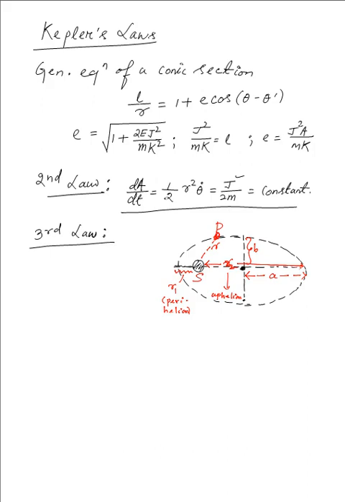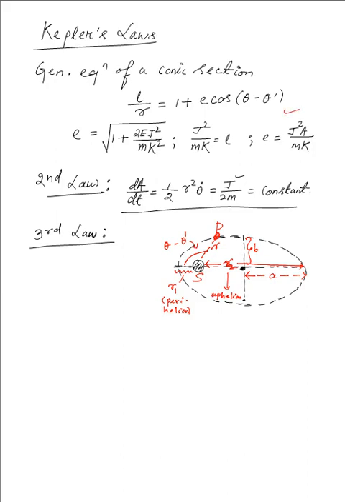During the course of motion, the angle subtended by the radial distance of the planet with respect to the perihelion is what we are considering as theta minus theta prime. That is the angle that is expressed in this conic equation.